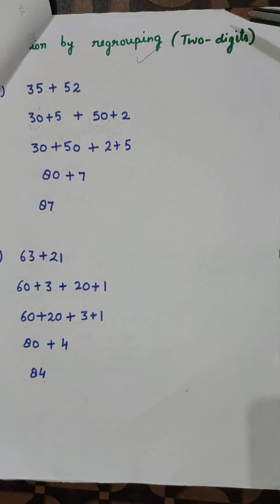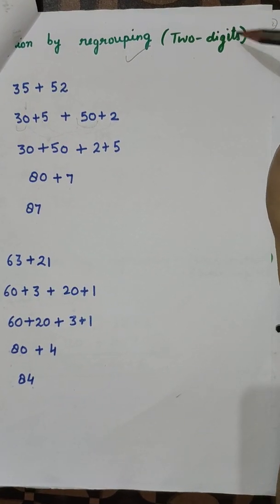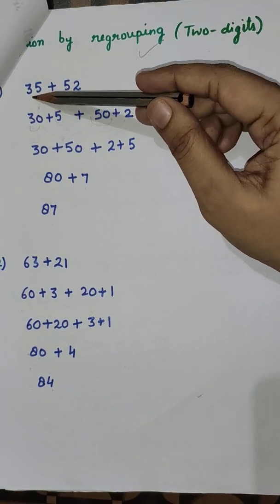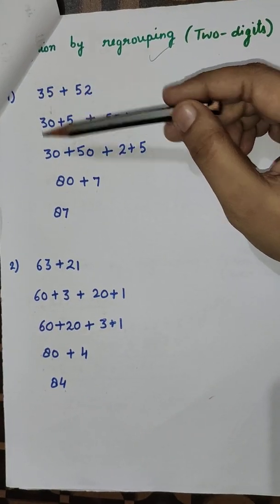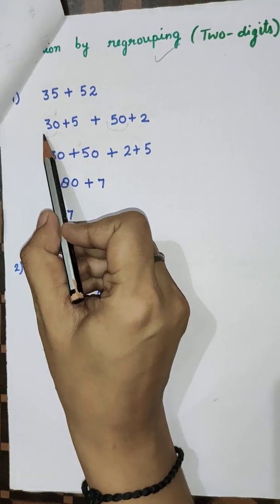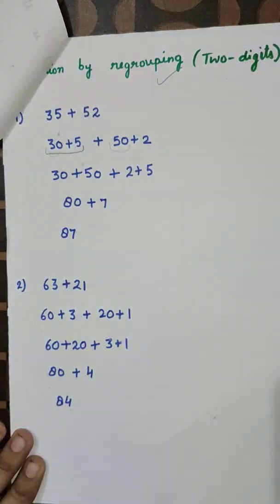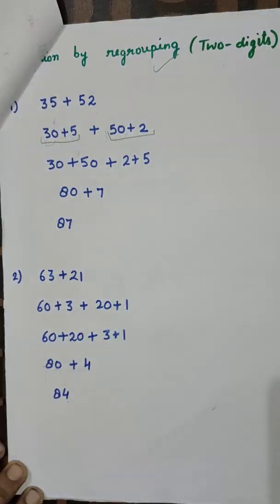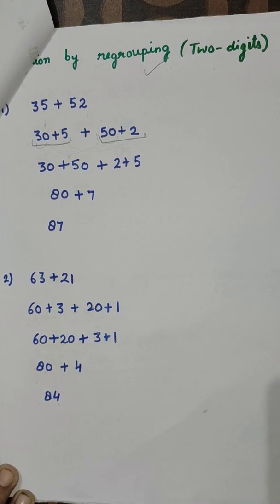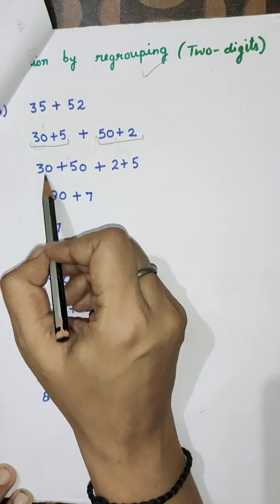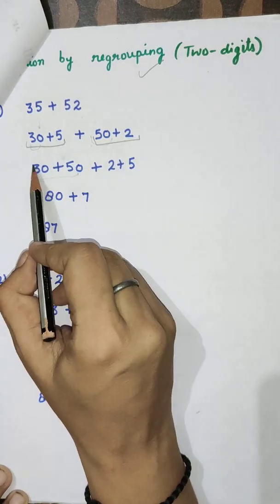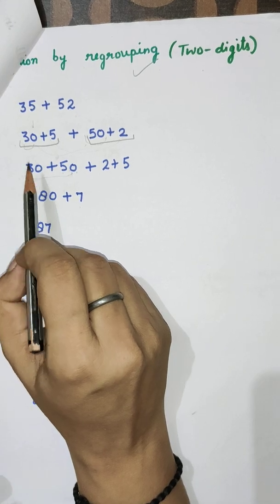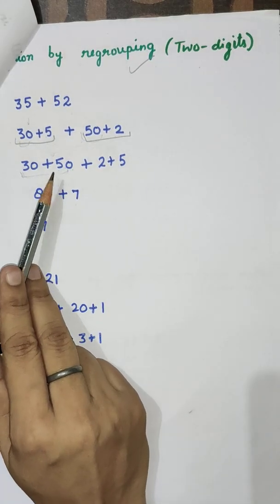Now addition by regrouping. Here is 2-digit addition. 35 plus 52. I have told you earlier that you have to write the expanded form. So the expanded form of 35 is 30 plus 5. And what is the expanded form of 52? 50 plus 2. When you write it in expanded form, keep the tens with the tens.